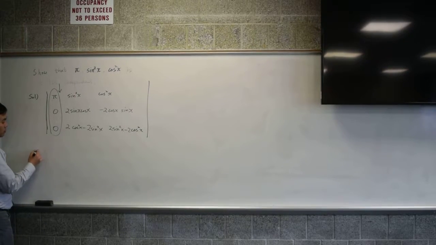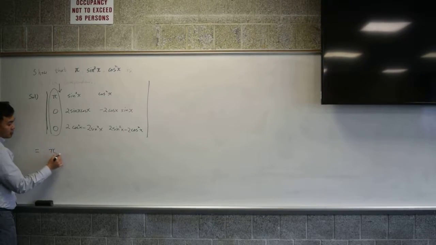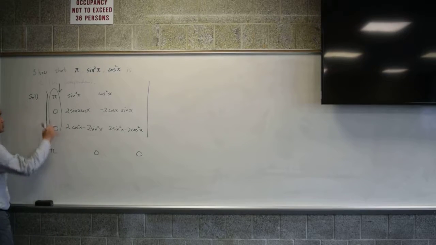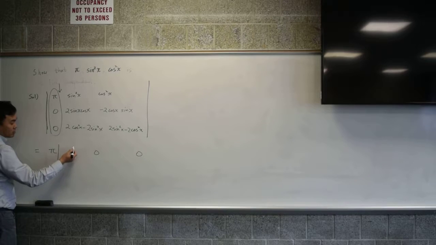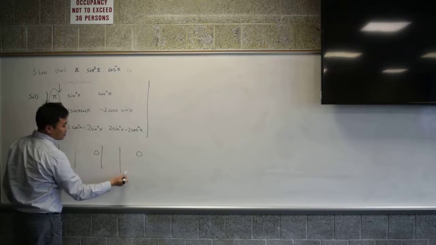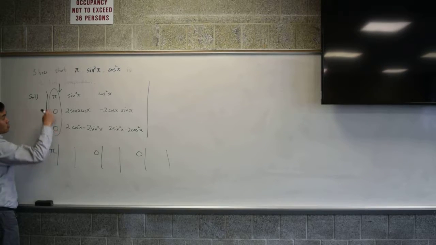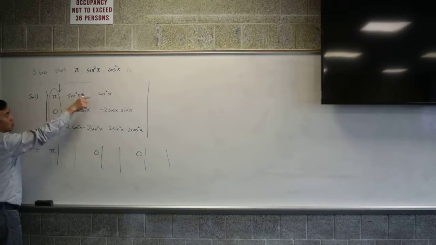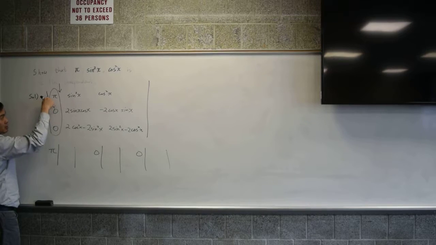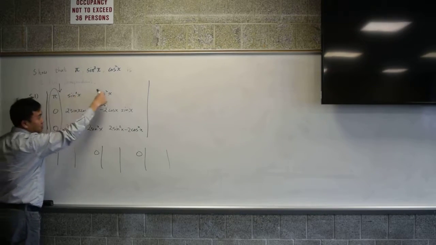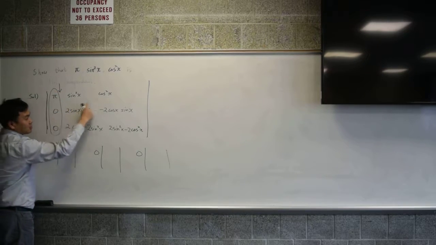First step is you write down these elements that you run into, pi, 0, 0. And then you multiply the minors. The minors are what you get if you delete the row and the column containing the element that you picked. So I picked pi, that means I delete this, and this is what you get.